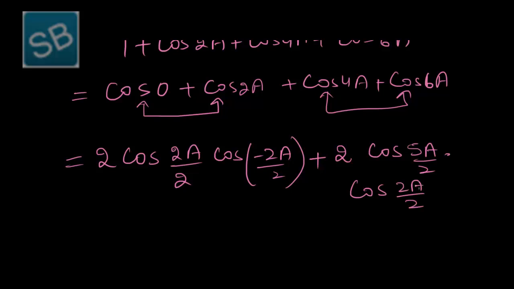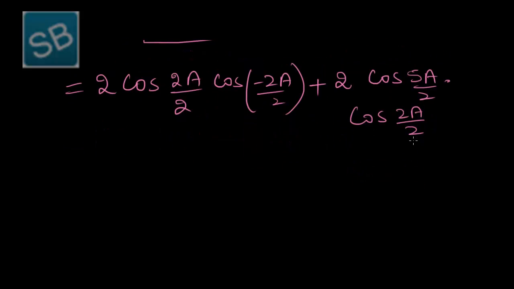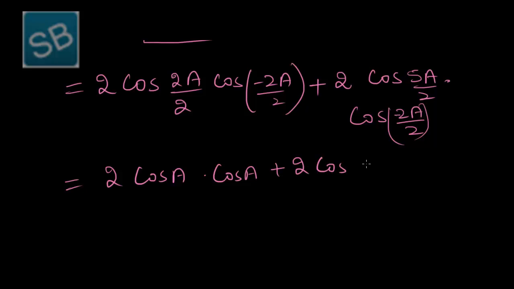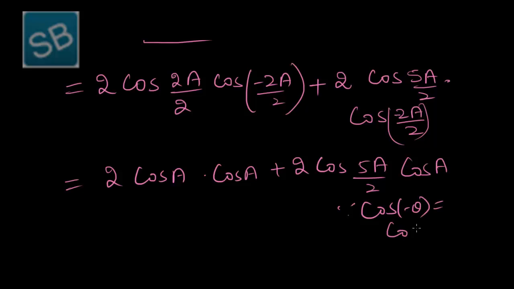Cos of minus theta is cos theta. So we get here 2 cos a into cos a, and 2 cos 5a into cos a, because cos of minus theta is equal to cos theta.